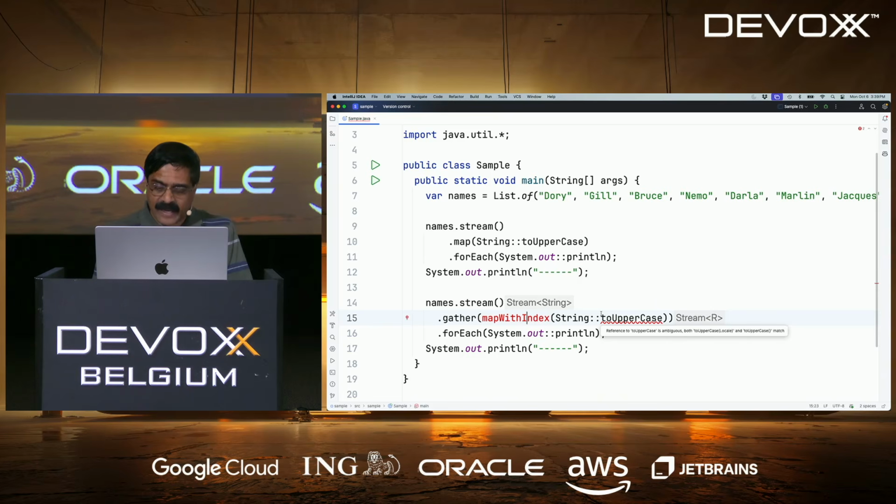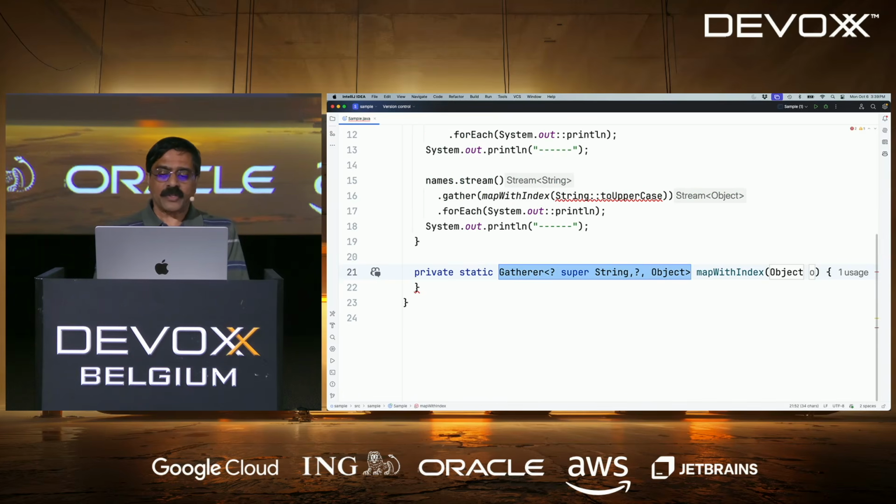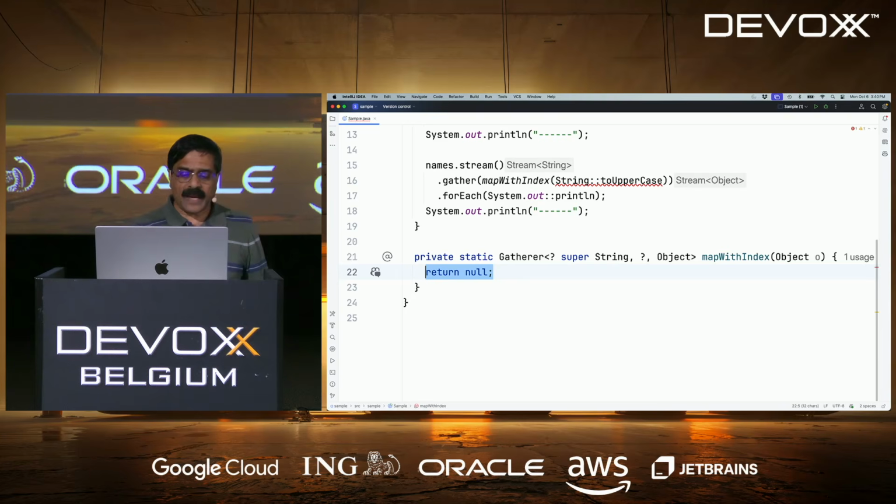So map with index, what are we going to implement? So here is a gatherer we're going to bring in. So let's talk about what we're going to implement in this case. So you have a string, which is the data that's coming into this particular operation. So that's great so far. However, this one needs to implement a map with index, but what is the return type of this function?